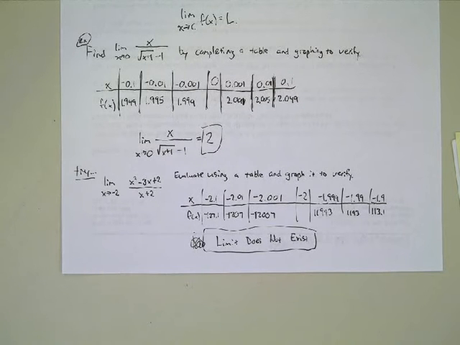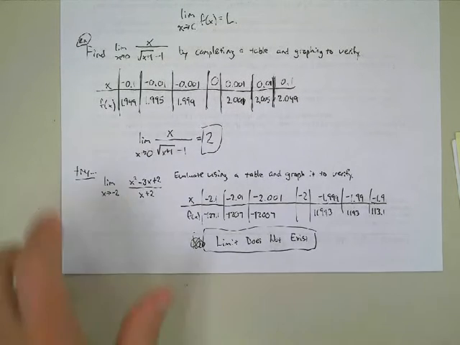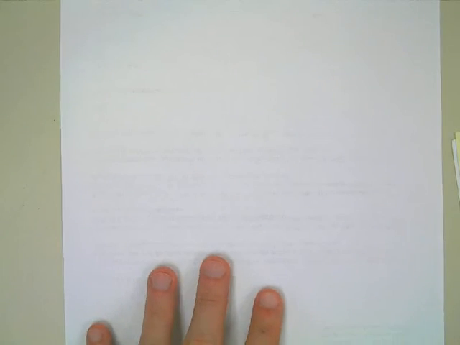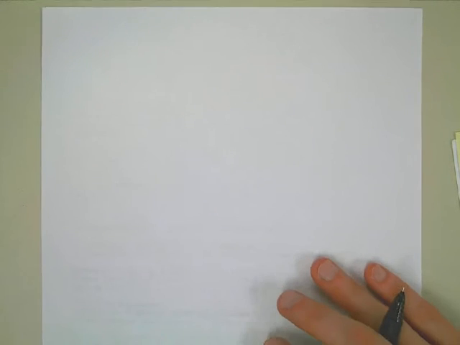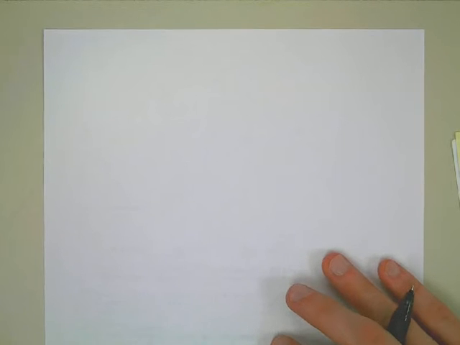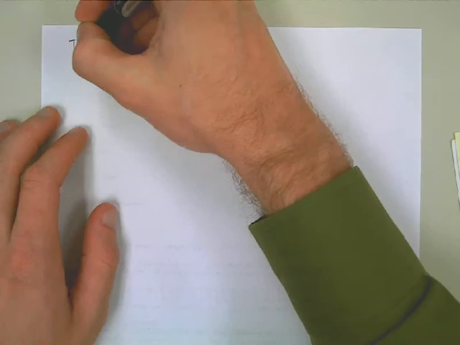Continuing on here. To summarize, for our study of limits, we are going to utilize a three-pronged approach, kind of like a trident. Three ways to attack a limit.